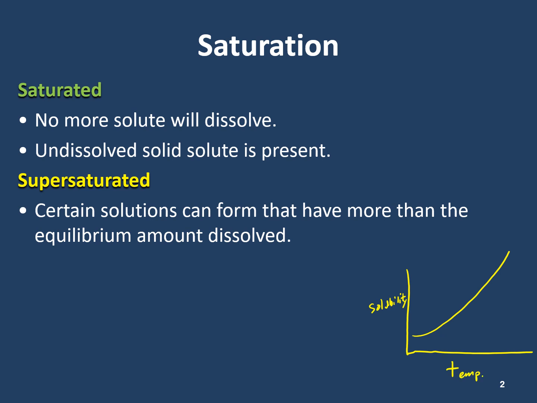I make a saturated solution at high temp, somewhere up here. As I cool this down, if I cool that solution down slowly enough, I can keep the solid in solution, and as you can see, we're well above the maximum solubility at this new temperature.